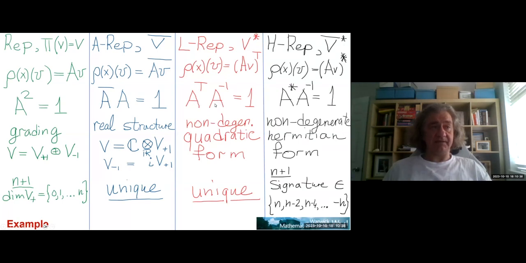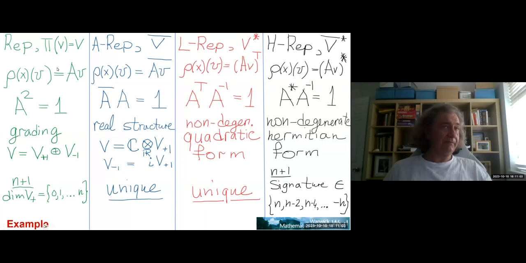So A is essentially a non-degenerate symmetric bilinear form. And in H theory, that's the condition. And the algebraic conditions become this, and this is a non-degenerate Hermitian form.